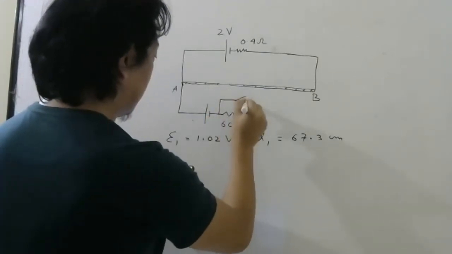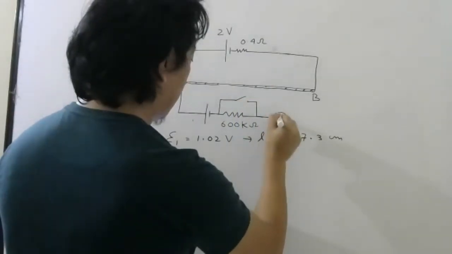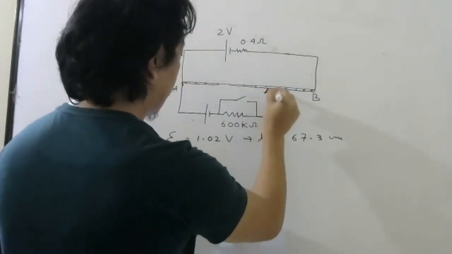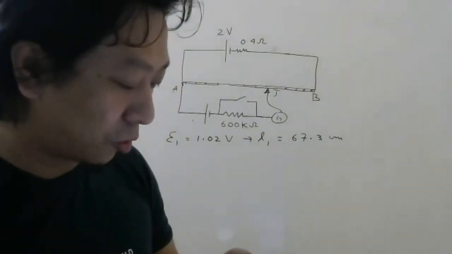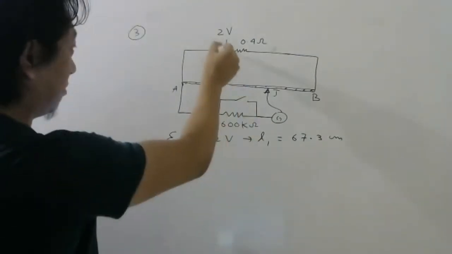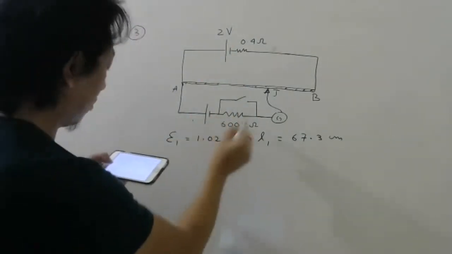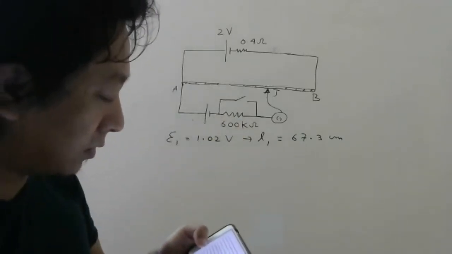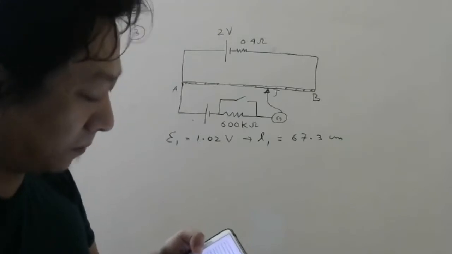And here galvanometer and jockey. To ensure very low currents drawn from the standard cell, a very high resistance, 600 kilo ohm, is put in series with it, which is shorted close to the balance point.